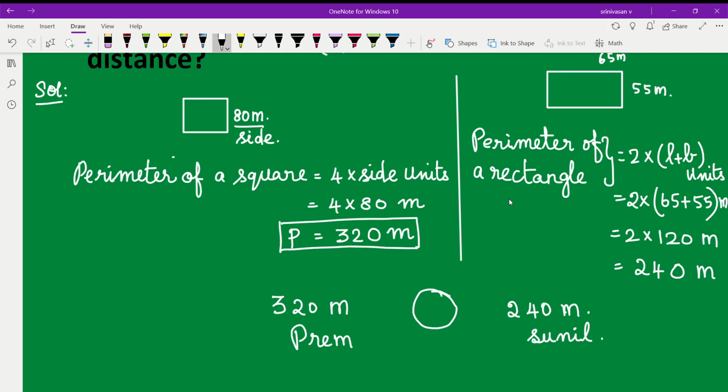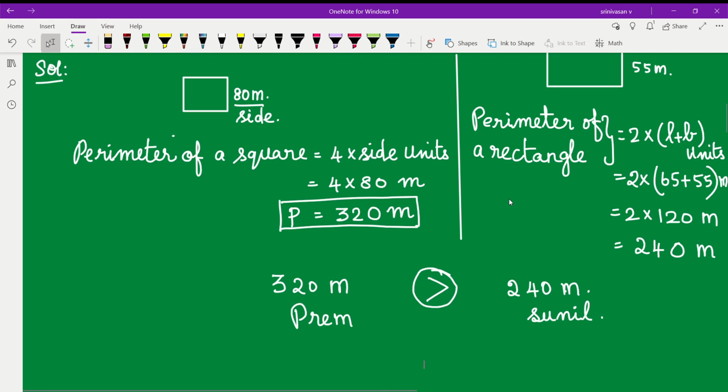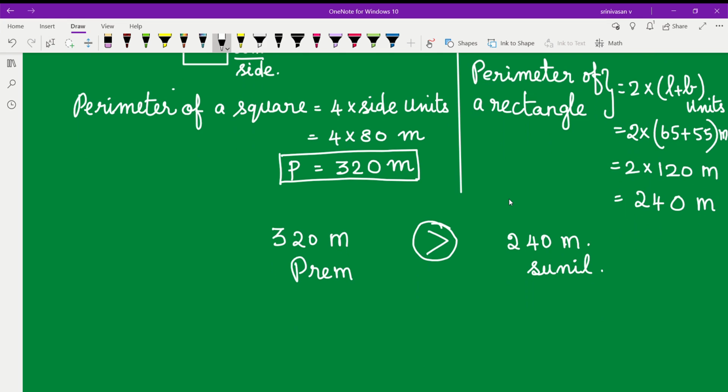Compare these two perimeters. Yes, 320 is the greatest perimeter. So Prem runs a greater distance. That is the answer. Let us write the answer.